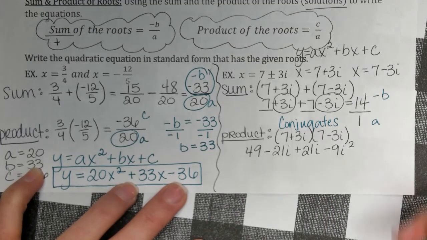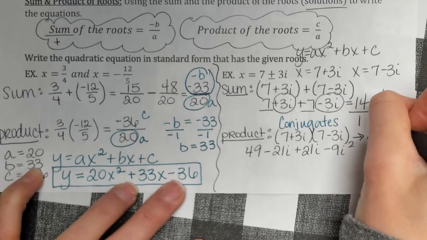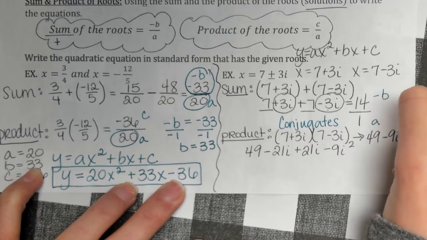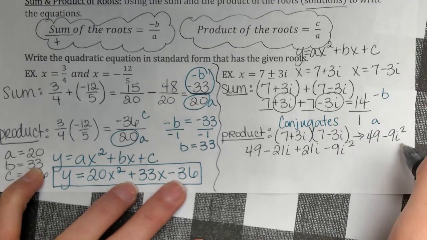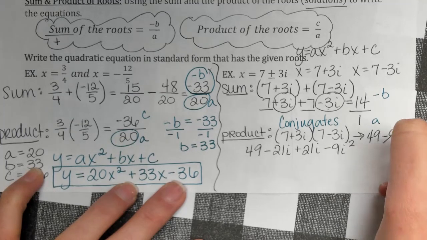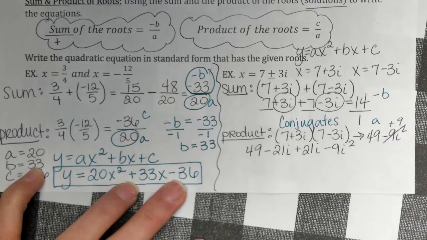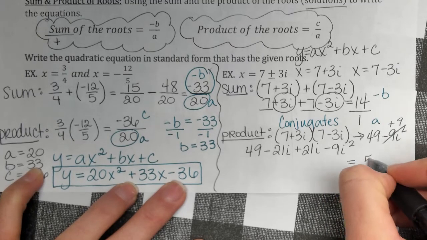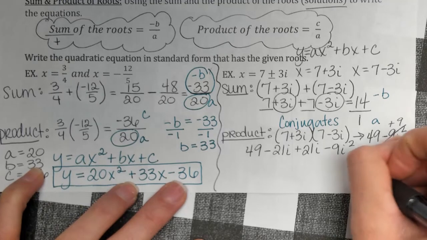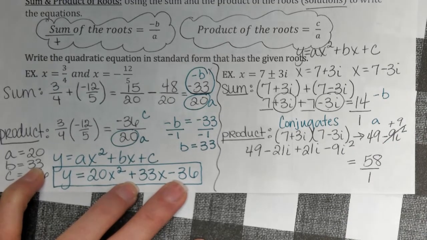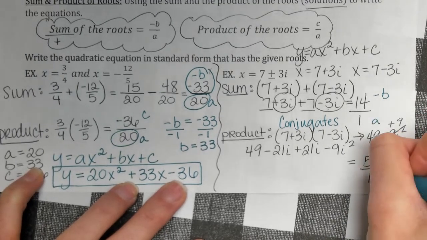You should be able to go straight to 49 minus 9i squared, which my i squared is negative 1, so this is really 49 plus 9. Now I have a whole number again. I needed a fraction, so I'm going to put it over 1. So that's my c over a.